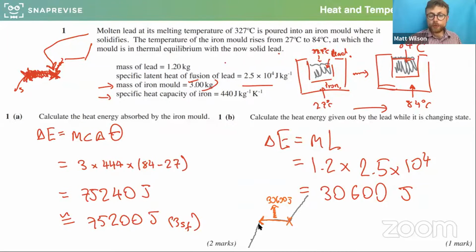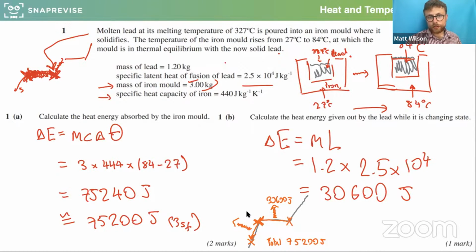And we know that altogether, by the time it got to its final temperature, it had given away in total 75200 joules. So that's going to allow us to figure out how much energy was given away at this point here. And we know the initial and final temperatures.